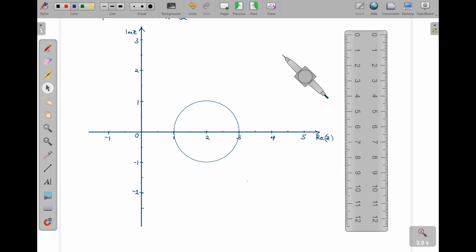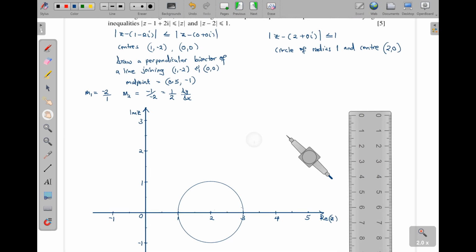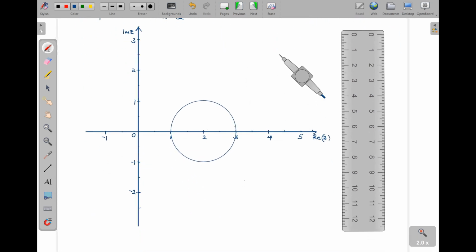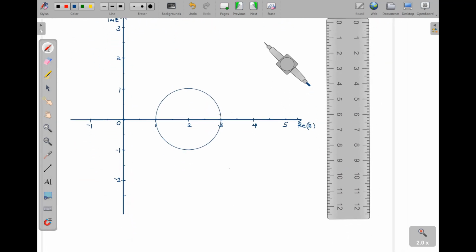Then after, I'm going to plot the centers. The centers are 0, 0, so there is this one here. You show the examiner that you have plotted this point, 0, 0. And then the next one is 1, negative 2. So 1, negative 2 is actually down here. Plot that point and make it visible.